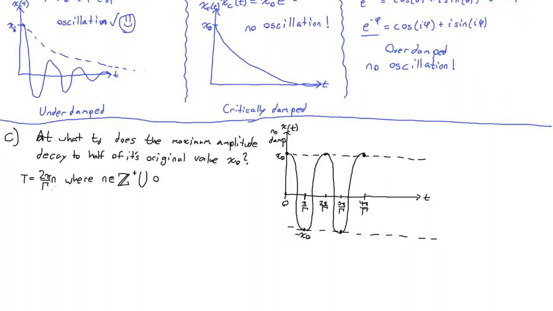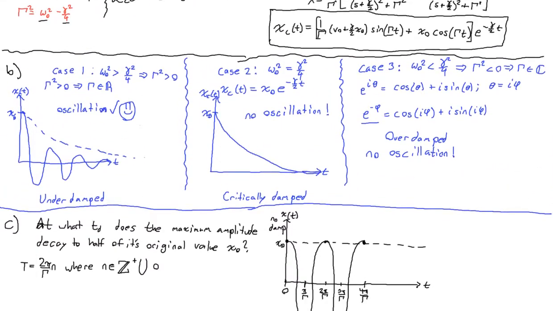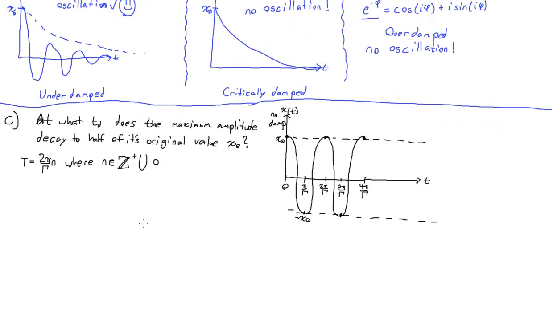So basically, what we need to do is determine which of these times does the maximum amplitude fall to half of its value.